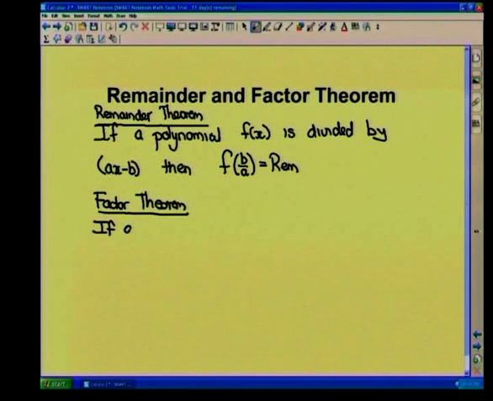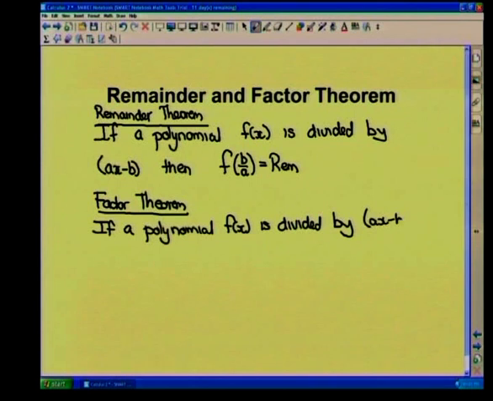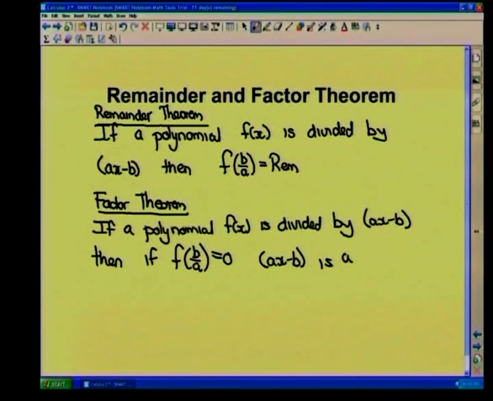It says if a polynomial f of x is divided by ax minus b, then if f of b over a equals 0, ax minus b is a factor of f of x.